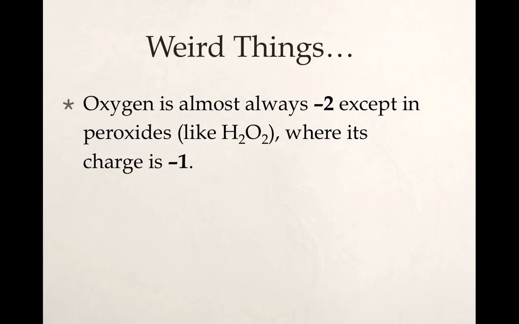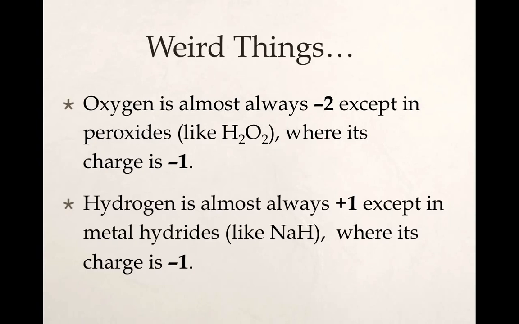Another weird one like that is hydrogen. Hydrogen is almost always +1, right? You'd expect it to be +1, except if it's a metal hydride, like sodium hydride, because now it's acting as a nonmetal anion, and so its charge is actually -1. But again, if you see hydrogen and it doesn't say hydride, then you can assume that it will be +1.